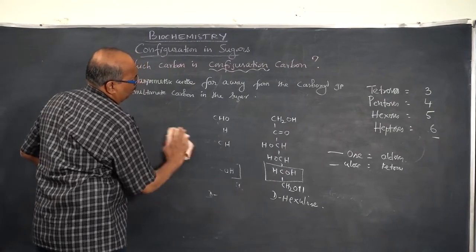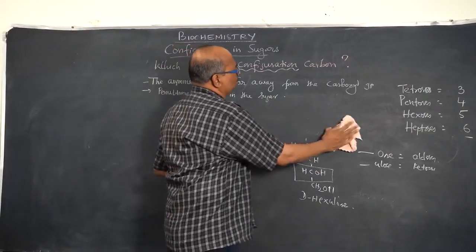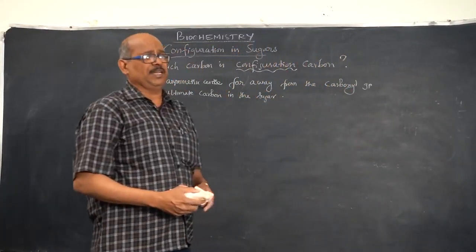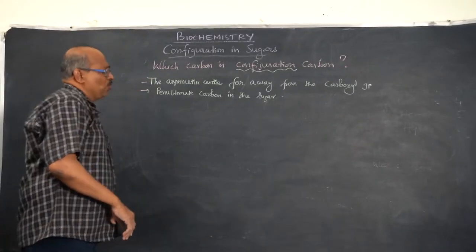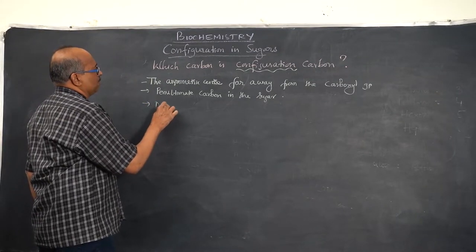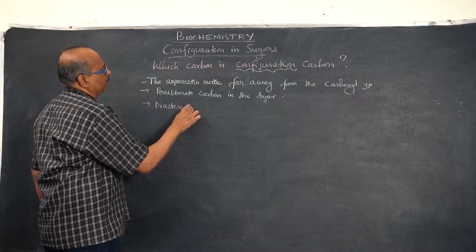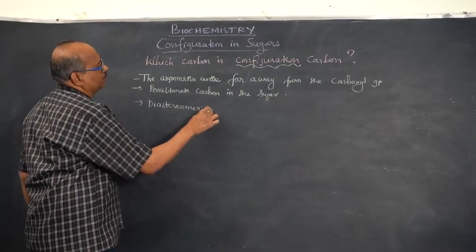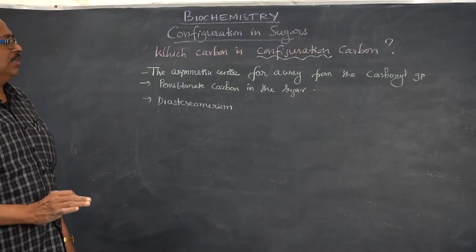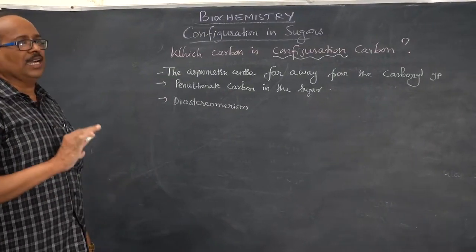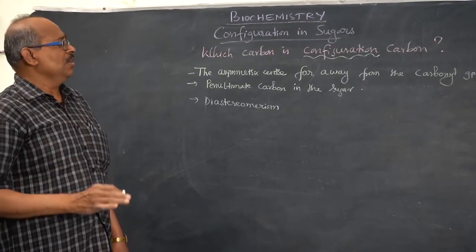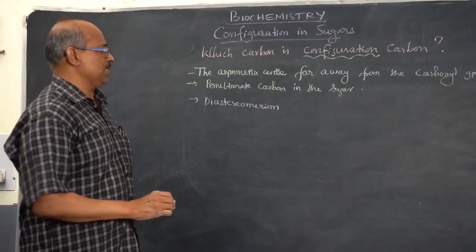Now, when you have sugar molecules with more than one asymmetric center, like what we have seen in the case of tetrose, pentose, hexose, heptose, and so on, they exhibit diastereomerism. So, diastereomerism is a phenomenon where a molecule contains multiple asymmetric sites and therefore exhibits more than 2 optical isomers.